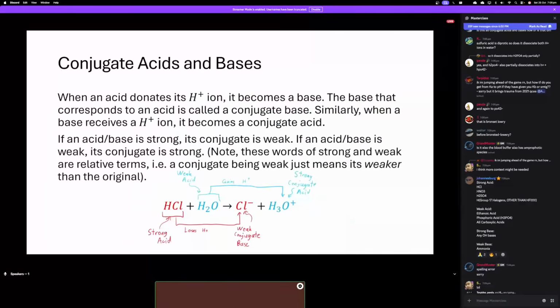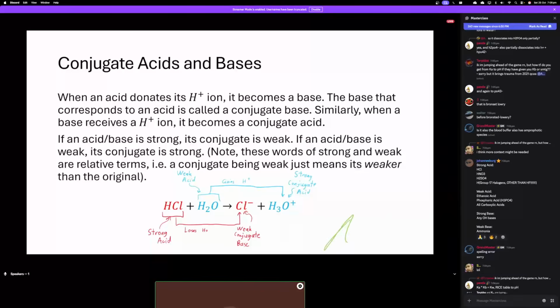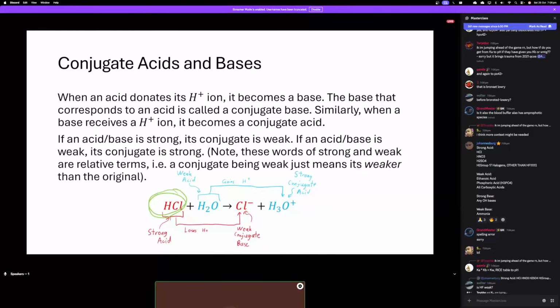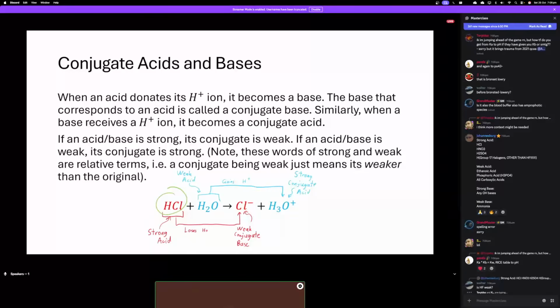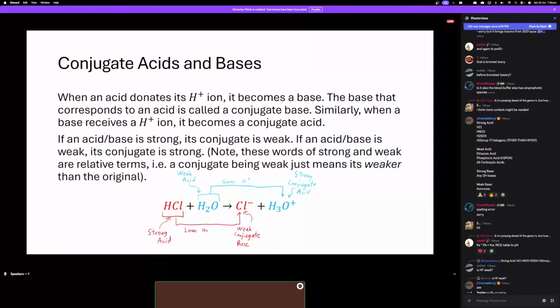Conjugate acids and bases. This is another thing you need to know. If I switch my pen color to, let's say, green. Cool. So all you need to know is, if I have HCl, it is a strong acid. That is something I said you need to know.